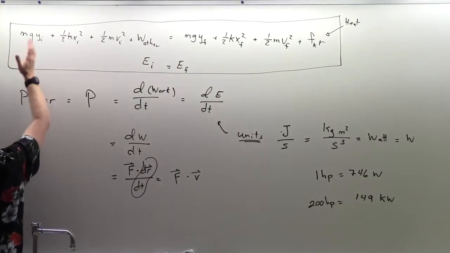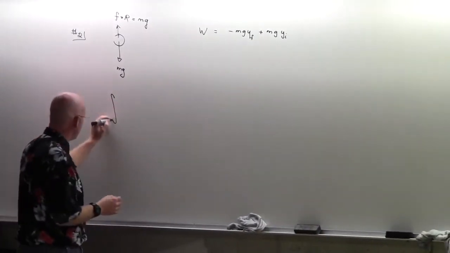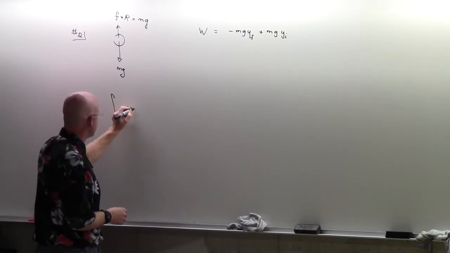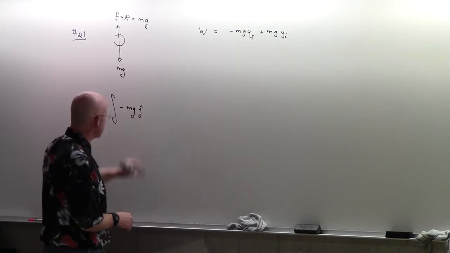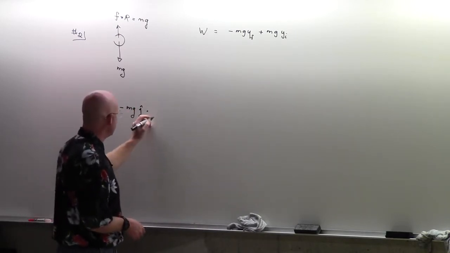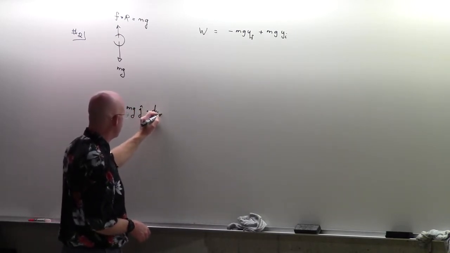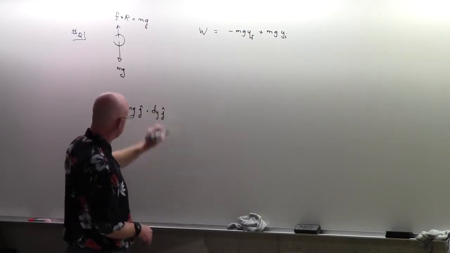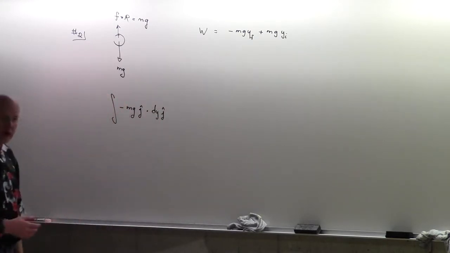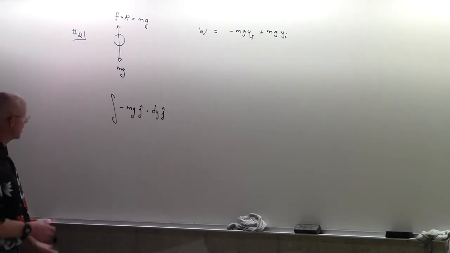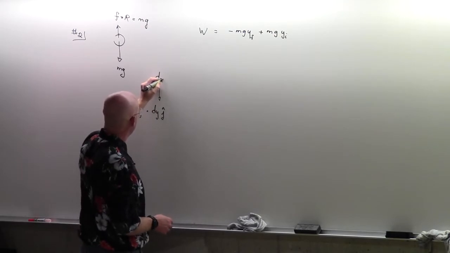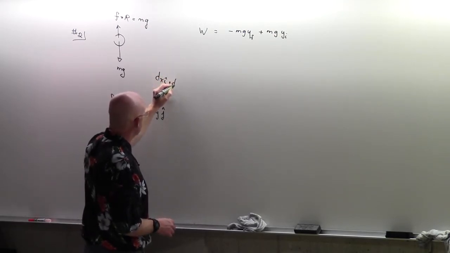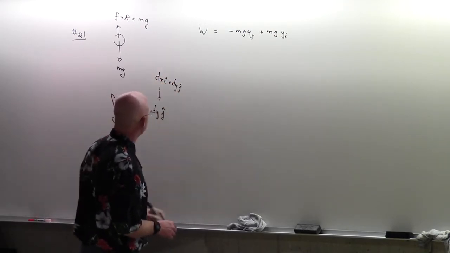This was over here. Those two together was actually the integral when I took a force of negative mg in the j hat direction, and it moved in a y direction. Actually, when we did the integral on Monday, we had the possibility that it could also move in the horizontal direction.